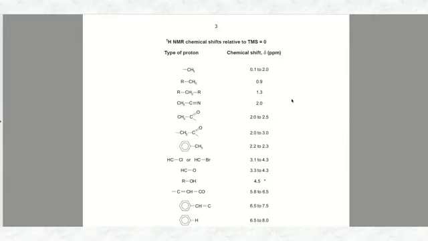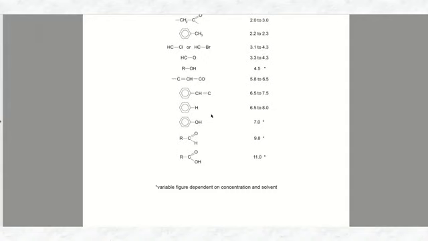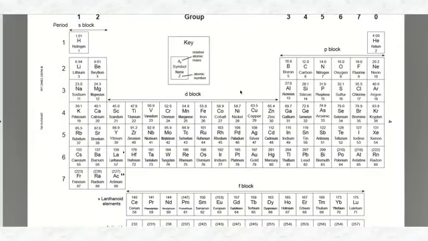So we've got the values for the proton NMR chemical shifts and the types of proton, the types of hydrogen that are causing that chemical shift, that peak. So we can look at our NMR spectra and read off some information based on what the ppm value is. And then, of course, we do have the periodic table as well.